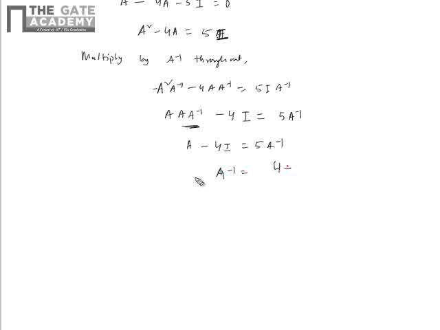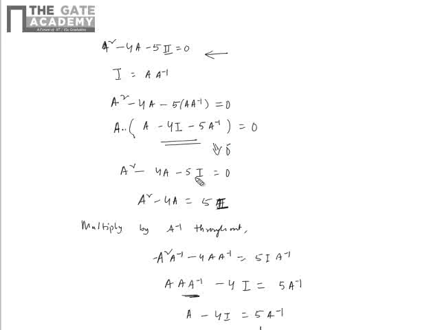Using this right hand side, I can write A inverse is equal to 1 by 5 into A minus 4i. We got this also by setting this equal to null matrix, because A can't be 0.